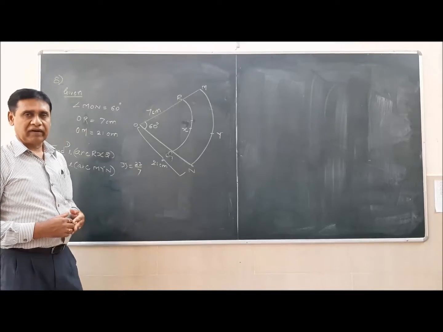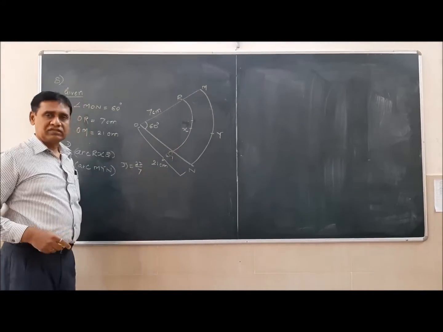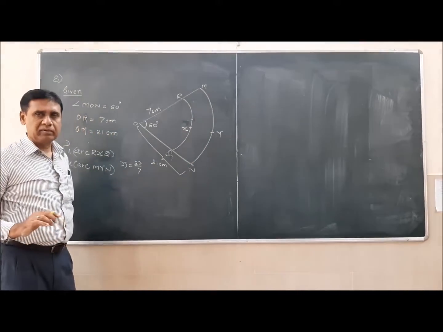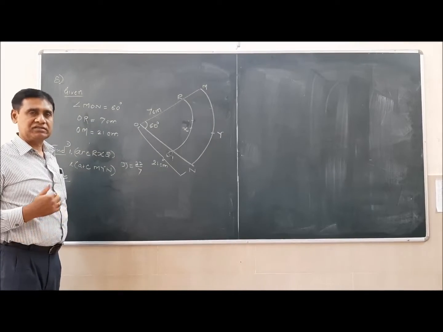Now the question is to find the length of arc RXQ as well as the length of arc MYN. It is very simple. We simply have to apply the formulas to get the answer.